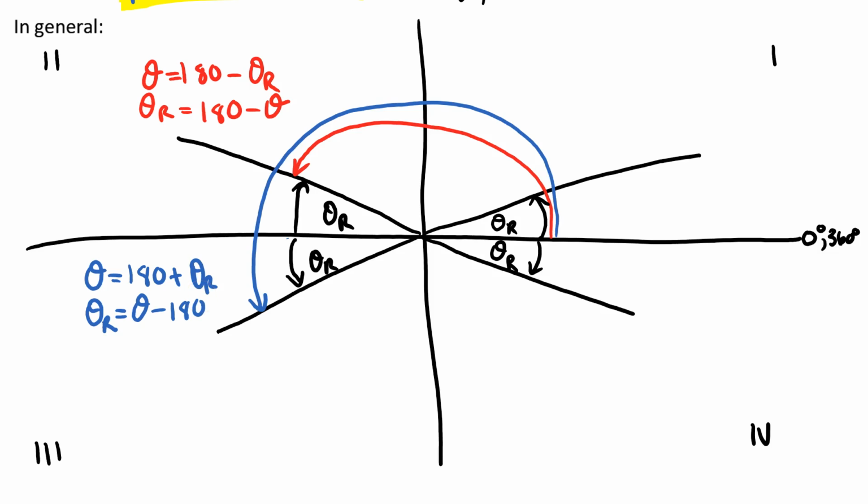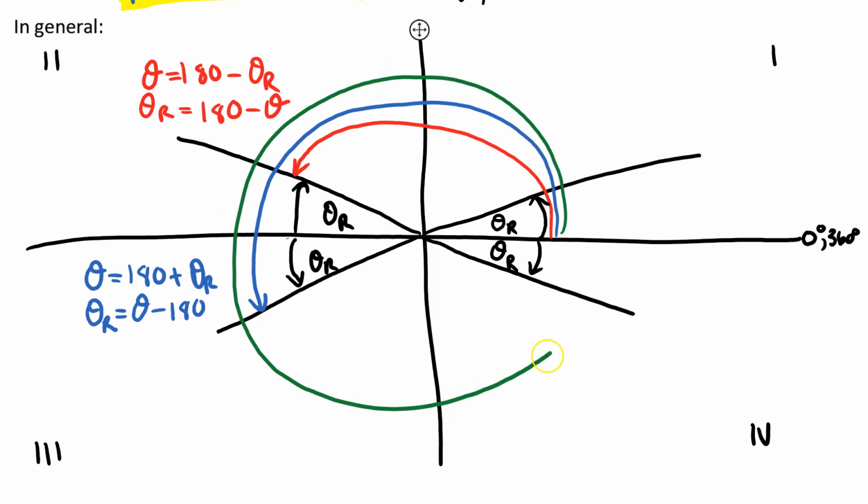And last but not least, the fourth quadrant. In the fourth quadrant, we're dealing with 360. So it's 360 minus the reference angle if you want to figure out what the angle is between 270 and 360.